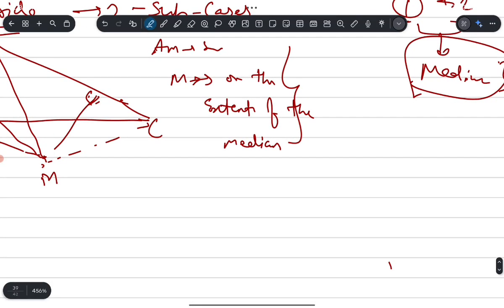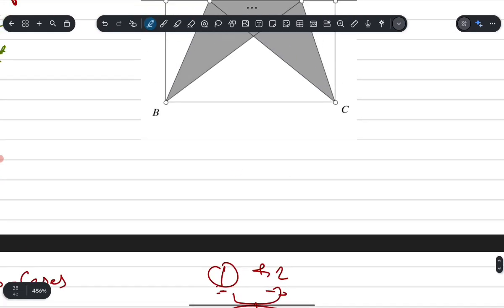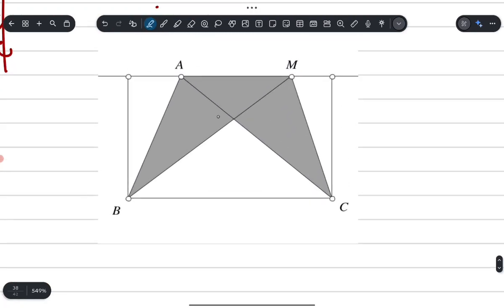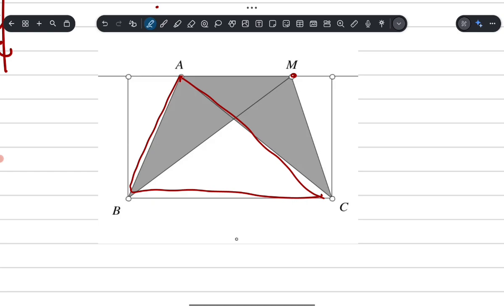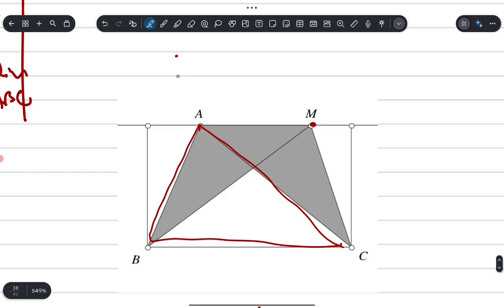Now one more thing is possible. That is explained in the second diagram. M can be here as well. This is the triangle. This is the triangle. Earlier we were considering for the outside case M to be here. M can be here as well, right? Also, M can be here as well. On the extension of the median, it can be anywhere. But one other case we are getting, that if M is here, what condition do we need to follow?